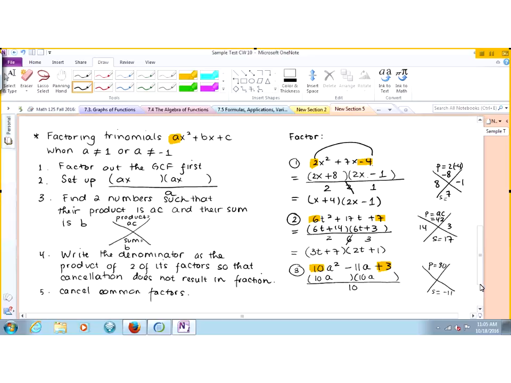Sum. Negative 11. Okay, good. What are my two numbers? 5 and 6, and adjust the sign. Negative 5, negative 6. If I multiply, this is 30. If I add, this is negative 11. So yes, it is minus 5, minus 6.